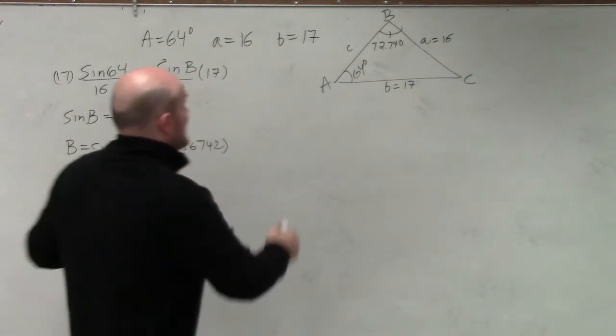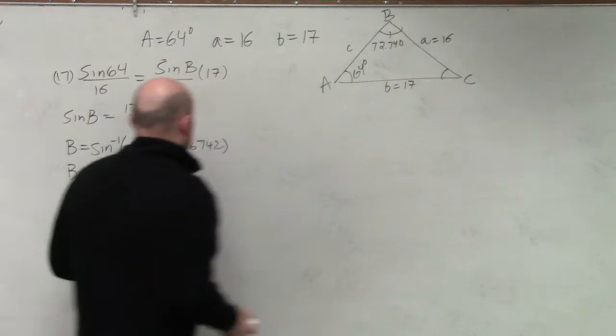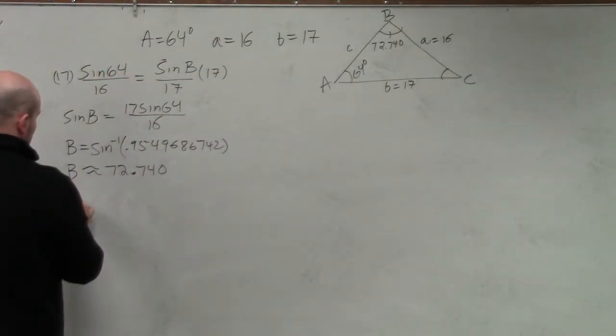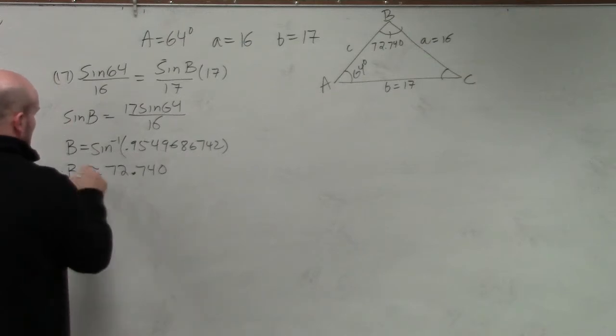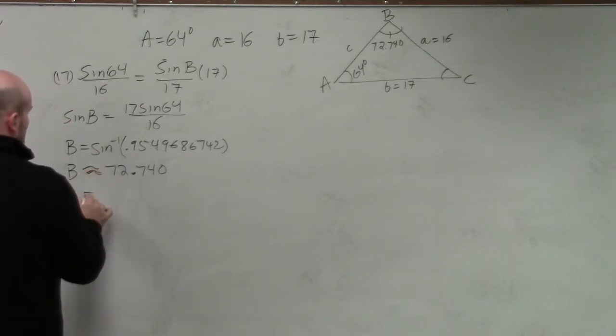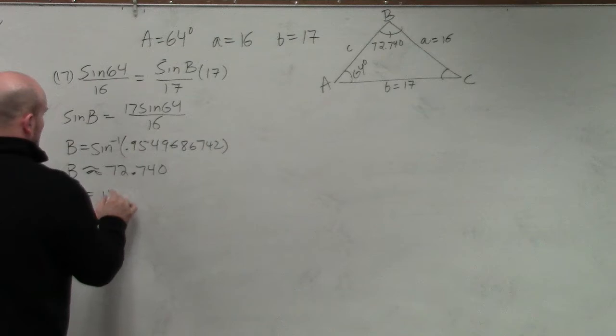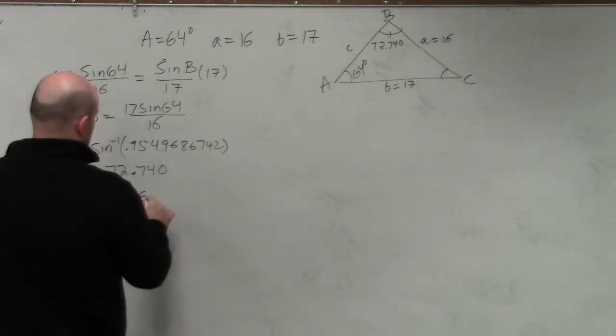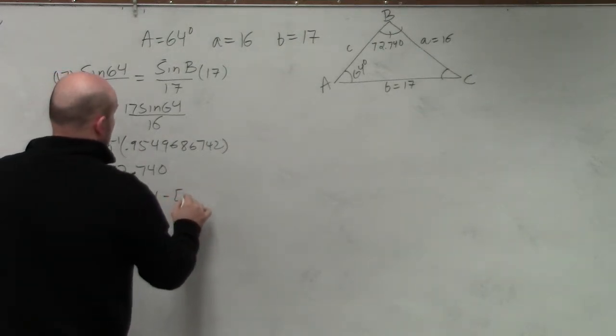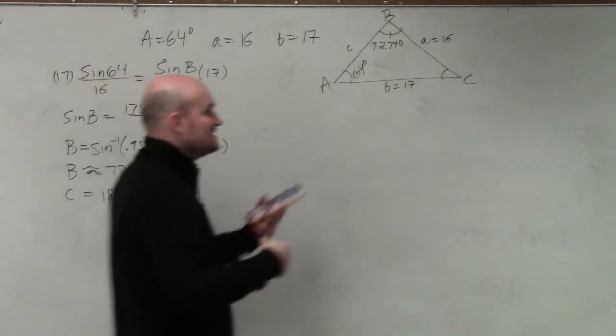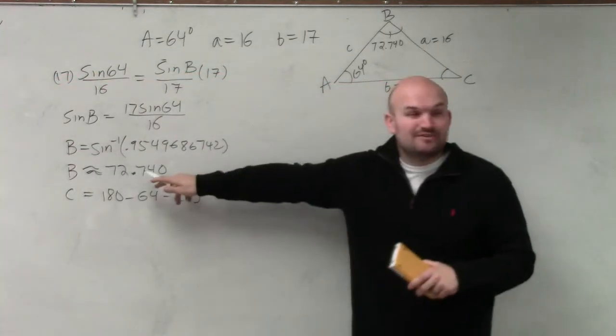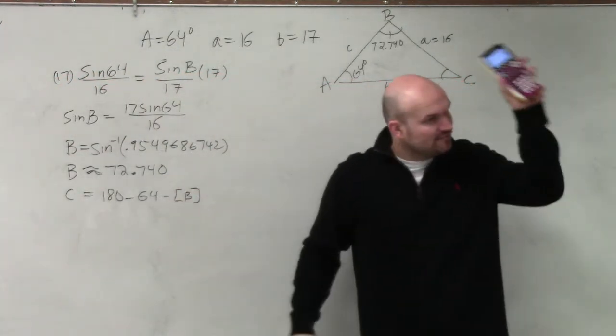That's important because I need to figure out what C is. And to figure out C, C is going to equal 180 minus 64 minus B. So instead of typing my rounded answer, I want to type the full exact answer.